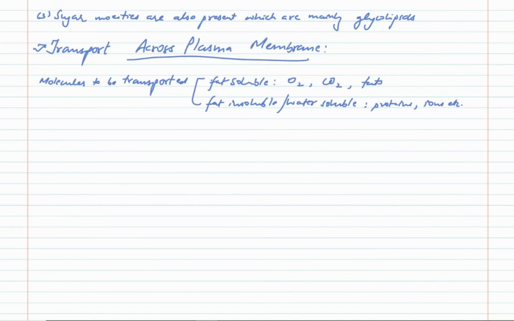So transport across membrane can be of broadly two types. One is passive transport, and the other is active transport. Passive transport includes osmosis and diffusion.